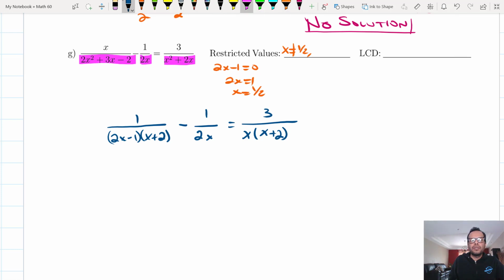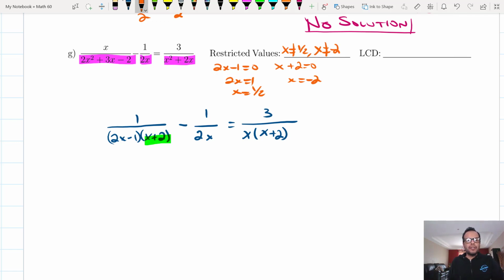Okay, let's find the second restricted value. The second restricted value will be coming from the factor of x plus 2. All right, so let's write that down. x plus 2 equals 0. x equals -2. So x cannot be -2.